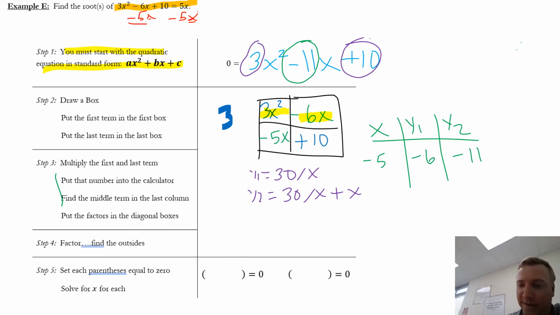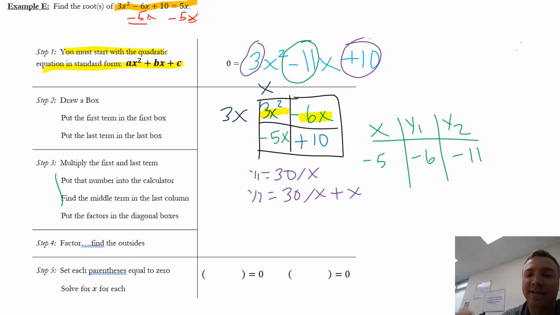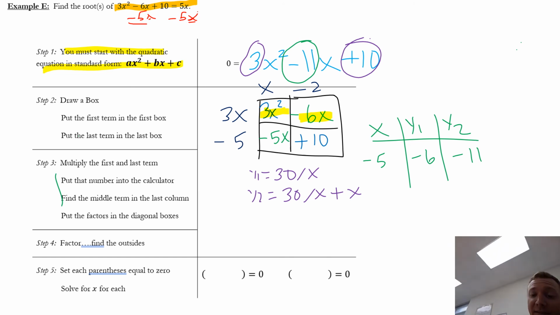Let me erase that. Add the highlighter. 3. And an x squared and x, the greatest common factor, I can pull out an x from both of those terms. So 3x times x gives me 3x squared. 3x times -2 gives me the -6x. And then x times -5. Okay, so we found the outsides.